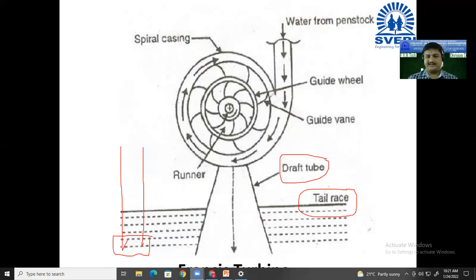Yes, sir. But here you can see the draft tube has its diameter increasing a little bit. जस जसे खाली जातो तस तसं त्याचा diameter वाढत जातो. Means the area is going to increase from the center of your turbine towards the tail race.